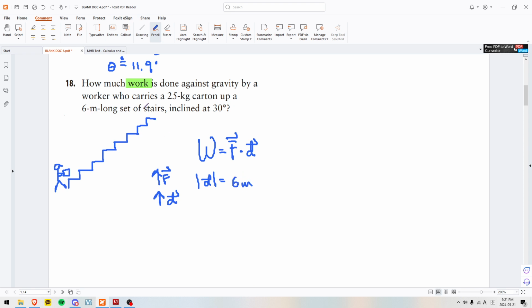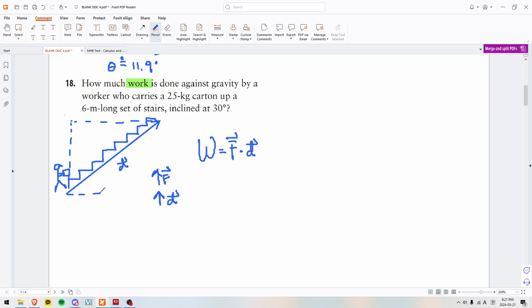Okay, 6 meter long set of stairs. Oh, wait. I should have looked at the answer key. I'm not sure if the question is talking about 6 meters this way, which then tells me I have to figure this out. I think it is. I think the distance is in fact this way.